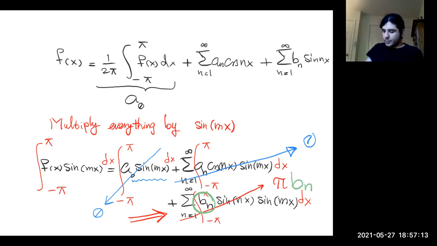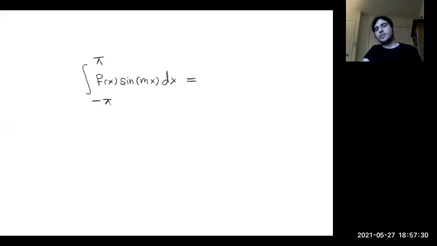So the equation we would get is, on the left hand side, the integral of f(x) sin(mx) dx from minus pi to pi. On the right hand side, we had a lot of zeros, and the only non-zero term was b_m pi.